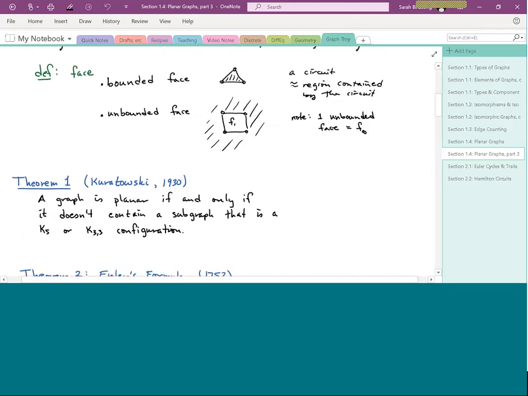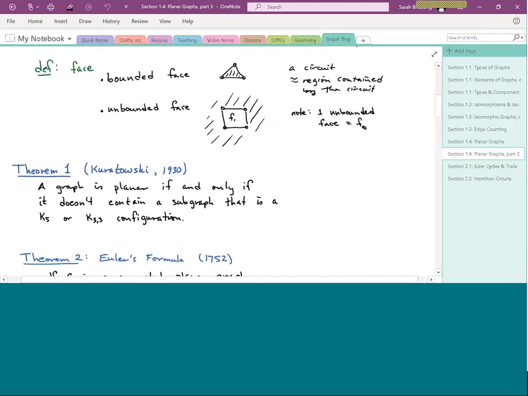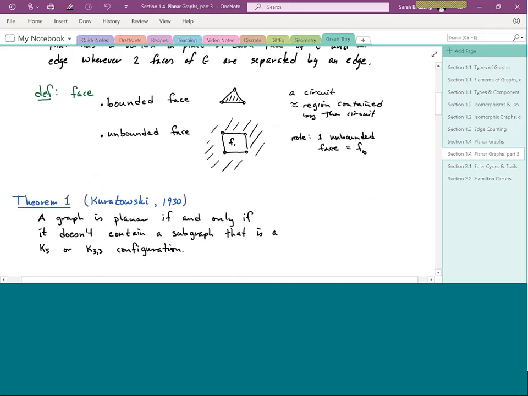Okay. So here's some of the other new stuff, and I think Theorem 1 is the only one that we did previously. Theorem 1 dealt with one of the questions from a little bit ago. A graph is considered planar if and only if it does not contain a subgraph that is a K5 or K3,3 configuration.